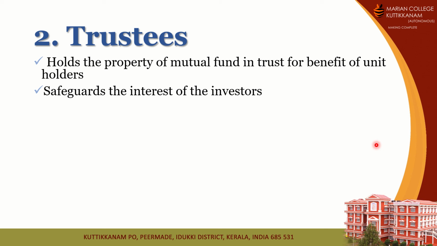They particularly focus on safeguarding the interest of the investors. These investors are known as unit holders. In the case of shares, the persons who hold the shares are known as shareholders. Here in the case of mutual funds, they are known as unit holders. The interest of all the unit holders is safeguarded by these trustees.